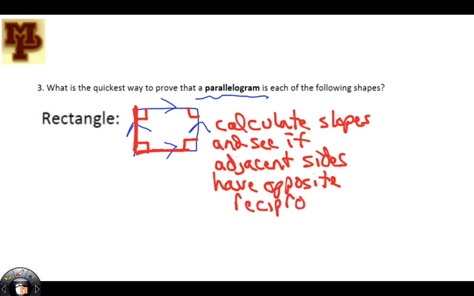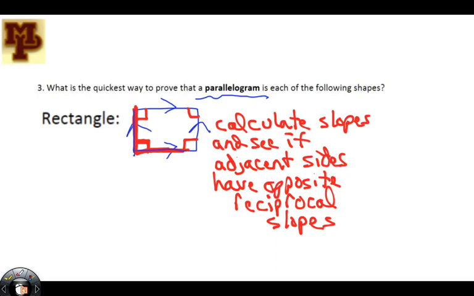Okay, remember, if the slopes of these segments are opposite reciprocals, then that means they're perpendicular. And if they're perpendicular, then there's a right angle there, and then it's going to be a rectangle. So that's one good way. Is that the fastest? I don't know.